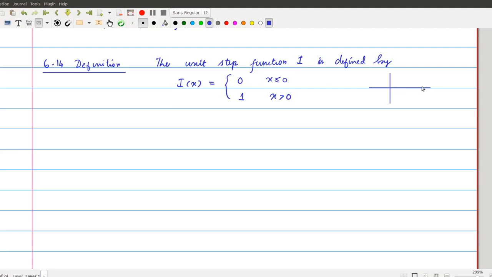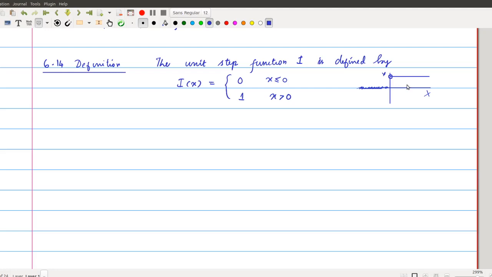So if this is our x-axis and y-axis, the graph of I of x will be like this. If x is less than or equal to 0, that will be this part. These are the images of I, and this will be the image of I when x is greater than 0.